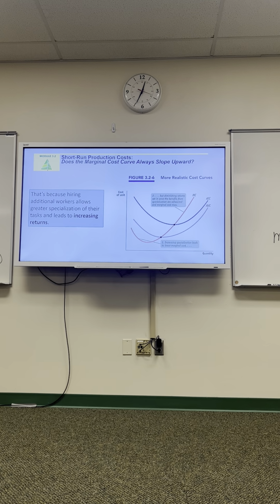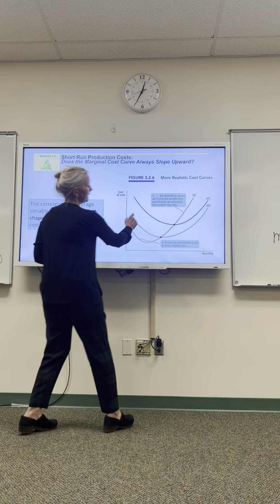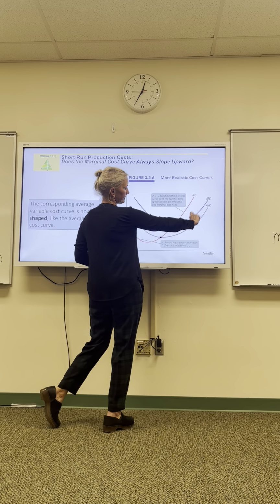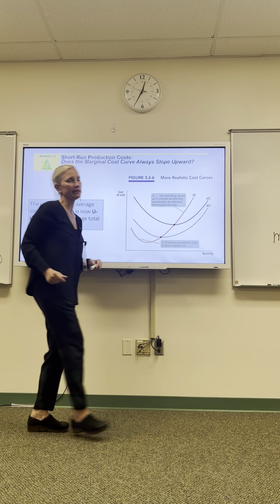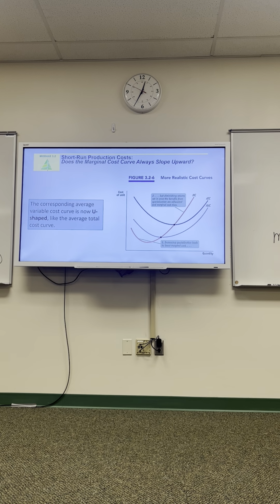At first that causes increasing returns to labor, but it doesn't last long. It's just the first few workers, and then diminishing returns set in, and you get the upward sloping marginal cost curve. The average variable cost curve is now U-shaped like the average total cost curve, and as I said before, it's right underneath it. You'll often see it parallel or slightly parallel to the average total cost curve. Okay.